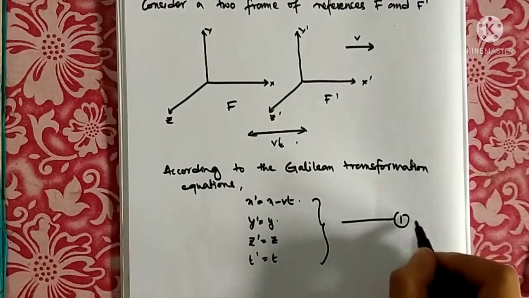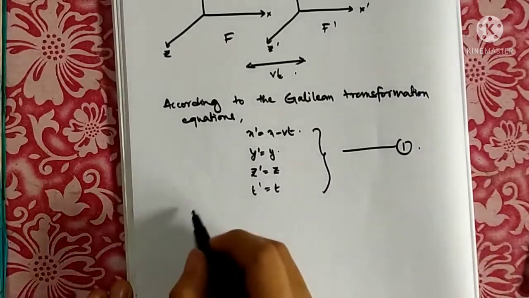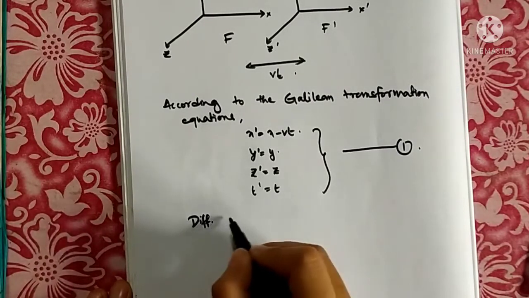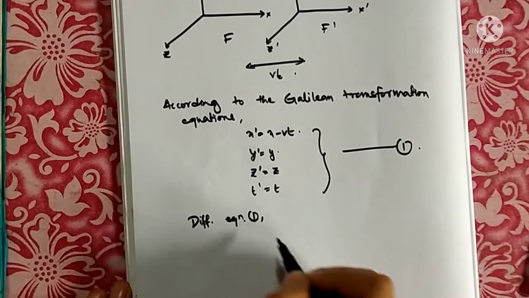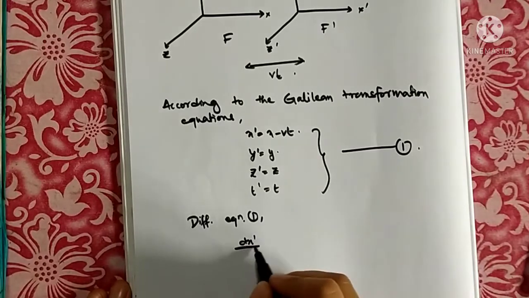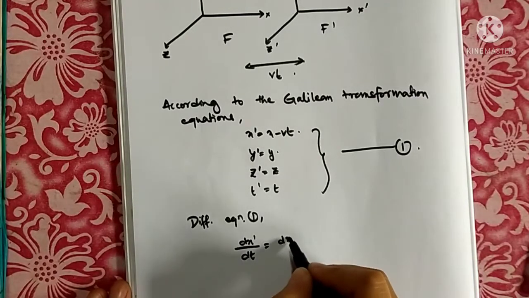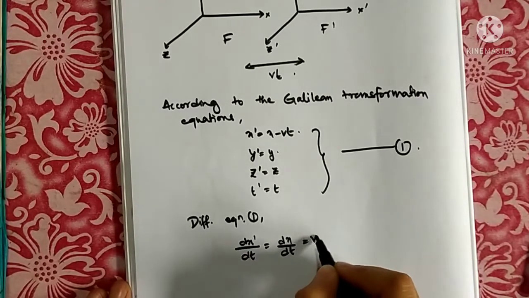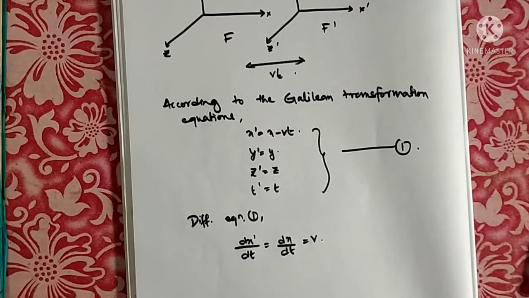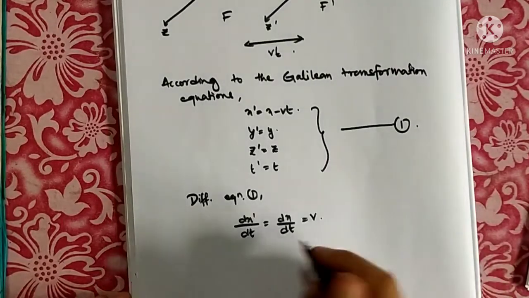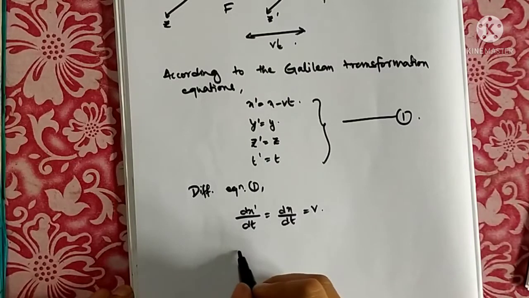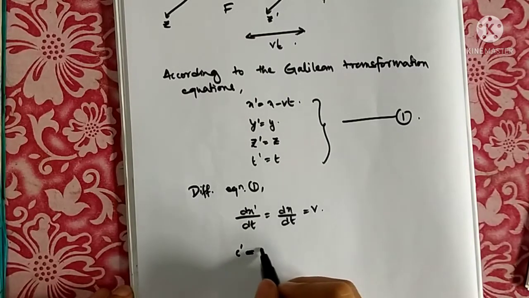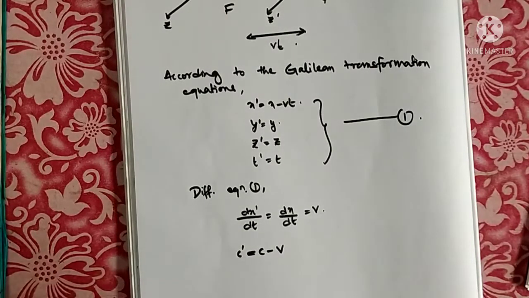Equation number 1. Now differentiating equation 1, we get dx prime by dt is equal to dx by dt minus v. We also have c prime is equal to c minus v, where c is the speed of light.